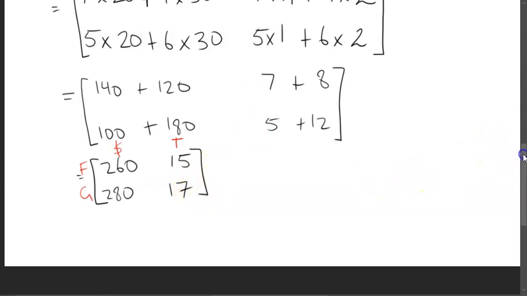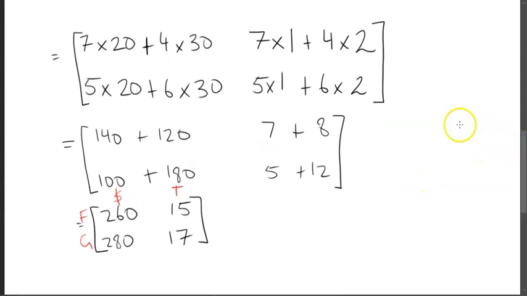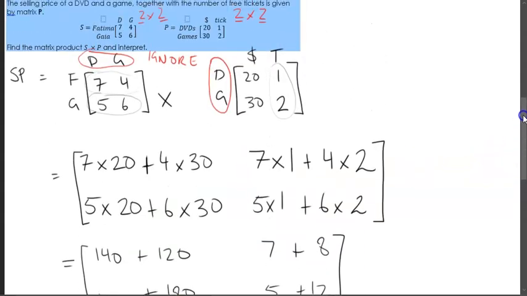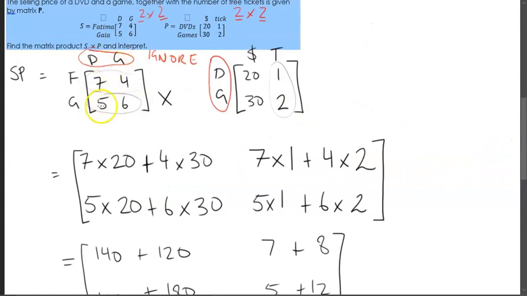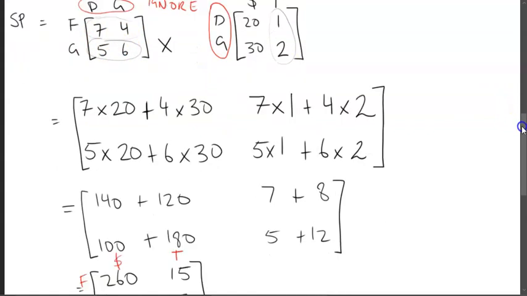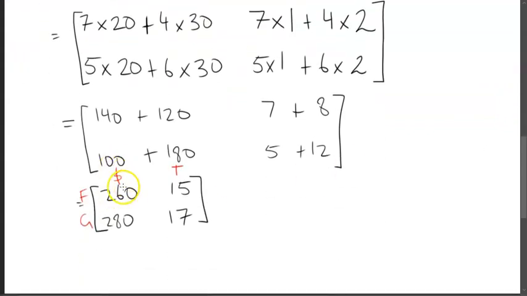What information is not given in here is how many games and how many DVDs have been given out by each person. We do already know this from the previous set of information, the first matrix here, but when you get the results, the thing that we care about is how much money they got and the tickets that they gave out.